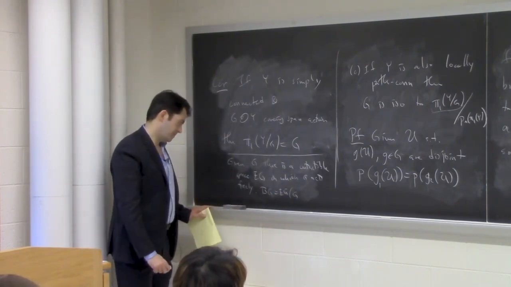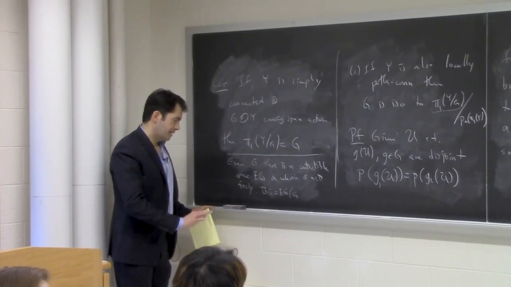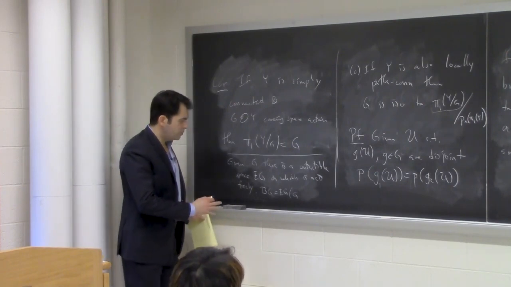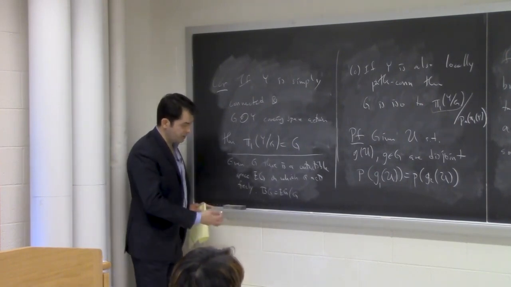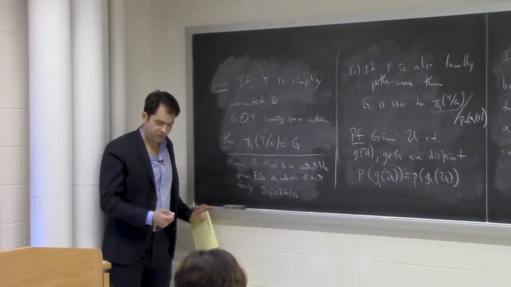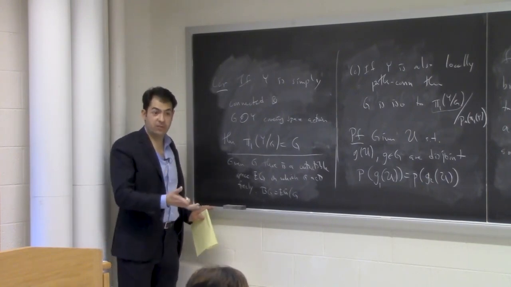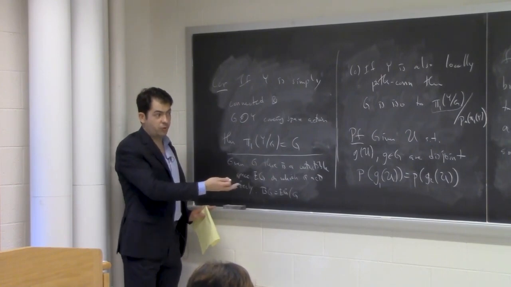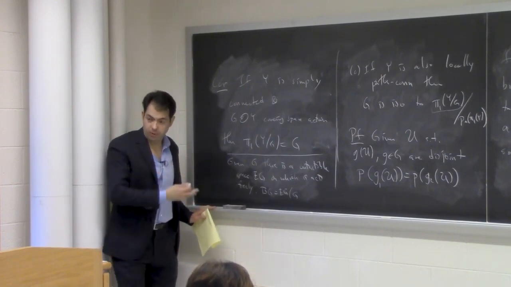So yeah, when you're doing topology and you want to study things equivariantly, so you want to have a space that has a group action, and then you want to study, say, the fundamental group or homology groups or all of these invariants.